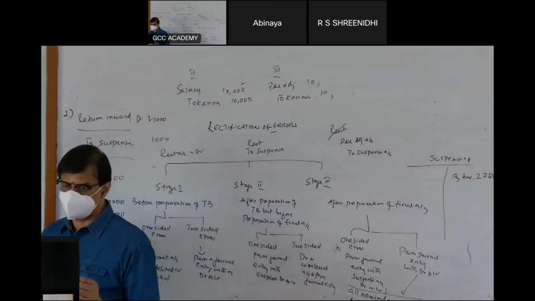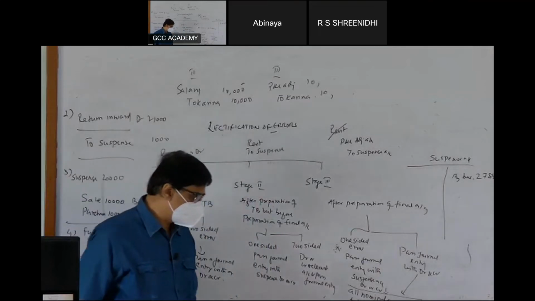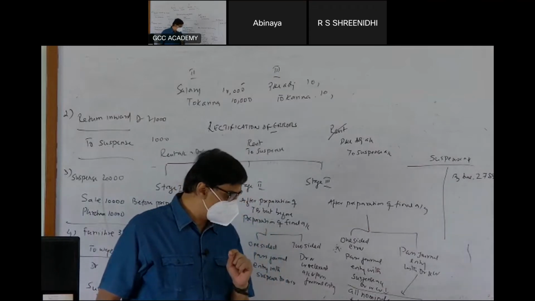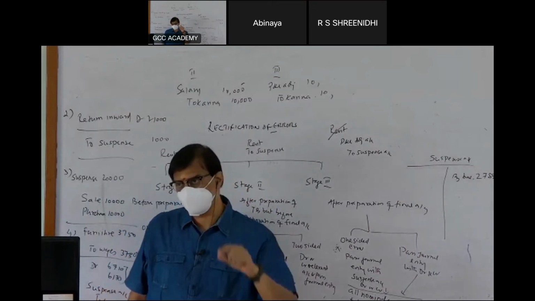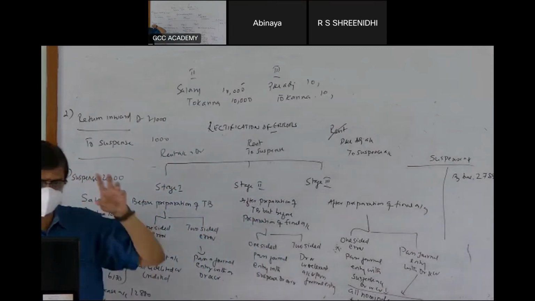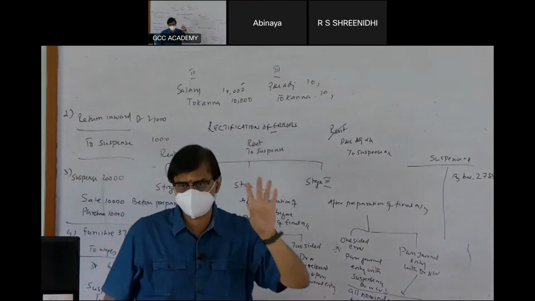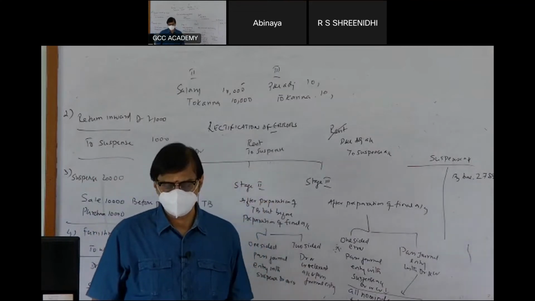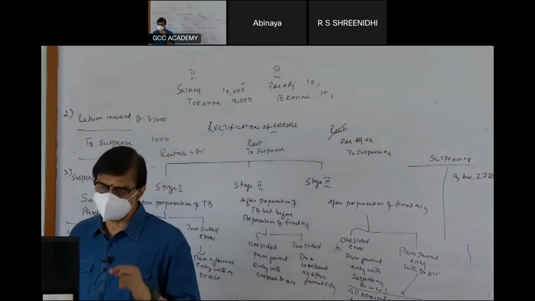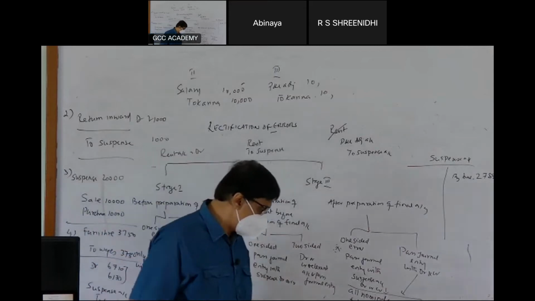Ram's account, sir. That's the right answer. Good. Because if you read the question carefully, it was posted to his account. So sales account has gone correctly, but his account has gone wrongly. So the effect has gone to whose account? Ram's account. Understood? It's a one-sided error or two-sided error? One-sided error. Very good. Perfect.